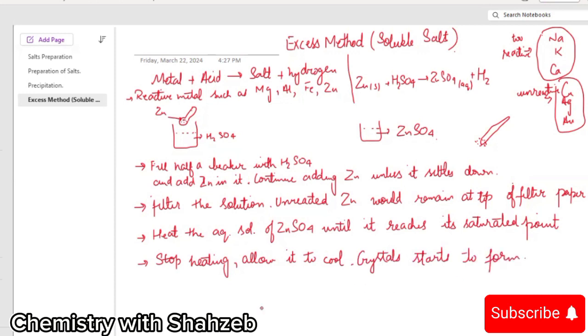And when these crystals are formed, then what happens? You are going to wash the crystals with some organic solvent. Why are we using organic solvent? Because the crystals are soluble in water.